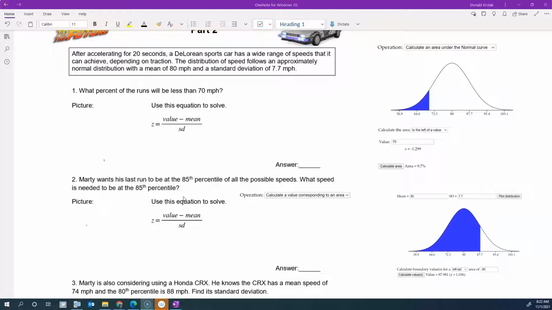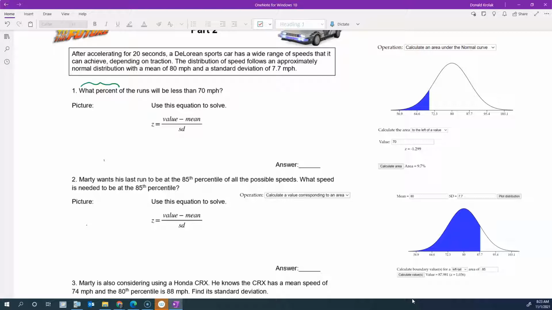So when you see the words "what percent" right here, that's telling you that you want to find the area.